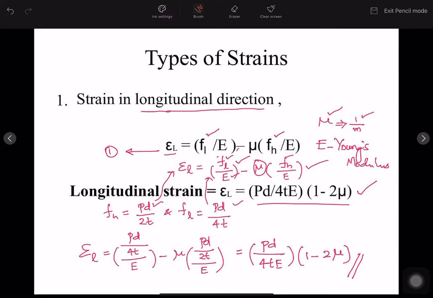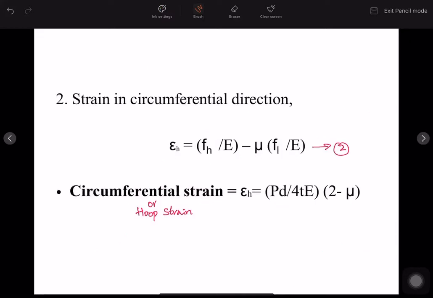In case of circumferential strain, just these two will get interchanged. As it is a circumferential strain, hoop stress will come initially, and from that value we will subtract a certain portion of the longitudinal value.